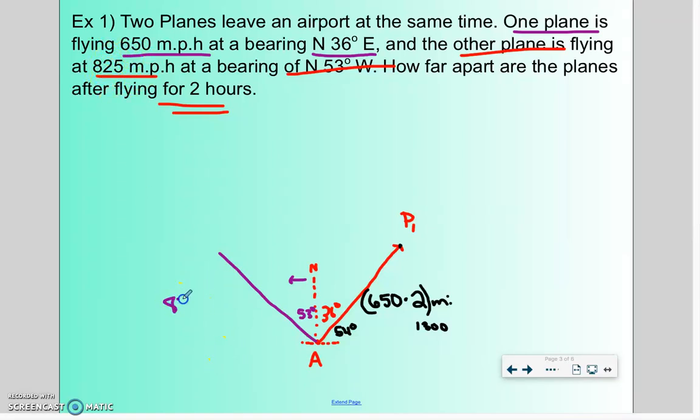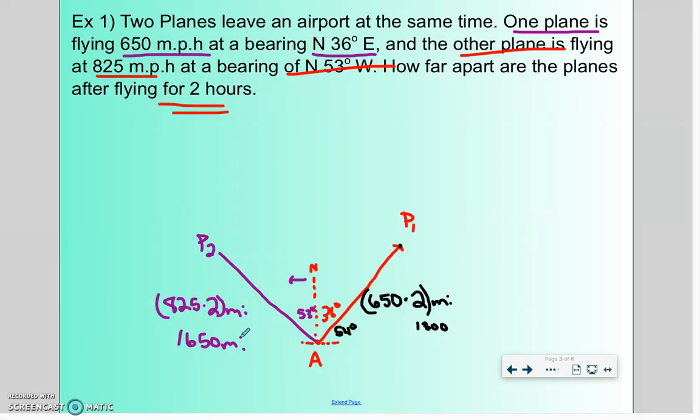So we go 825, multiply that by 2, and that gives the distance plane 2 has traveled. So that would be 1,650 miles.